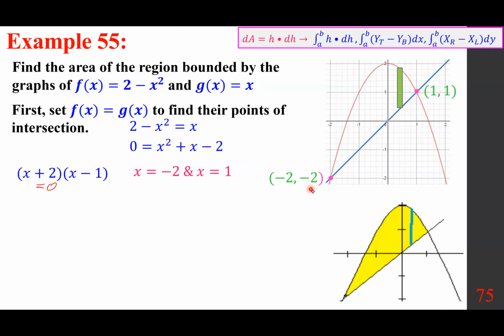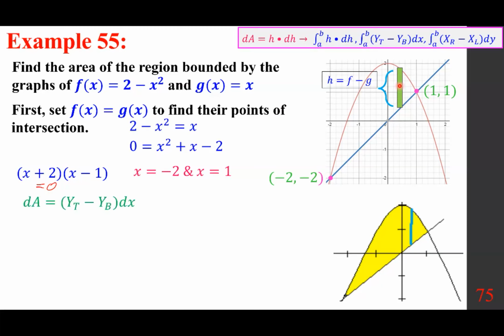And a typical rectangle: here's the height, y of the top minus y of the bottom. So this function minus this function, f minus g, where f is the parabola. The parabola is at the top, 2 minus x squared. The line is at the bottom. So y of the top minus y of the bottom times dx.